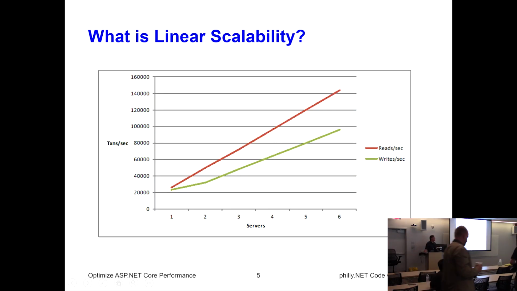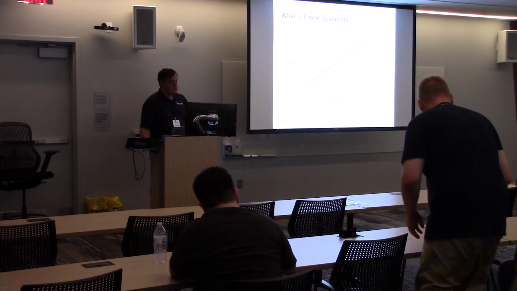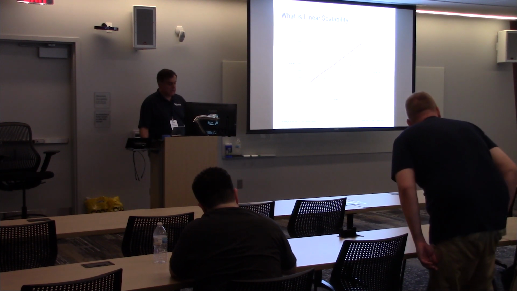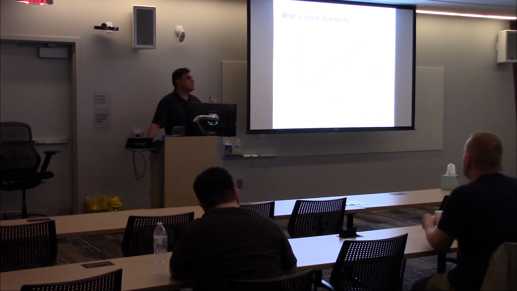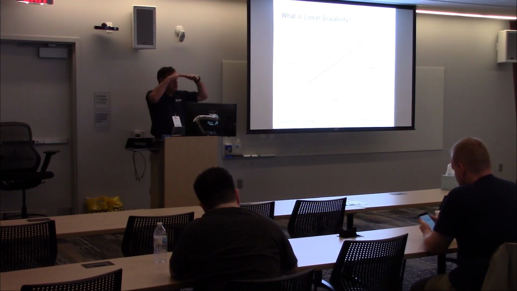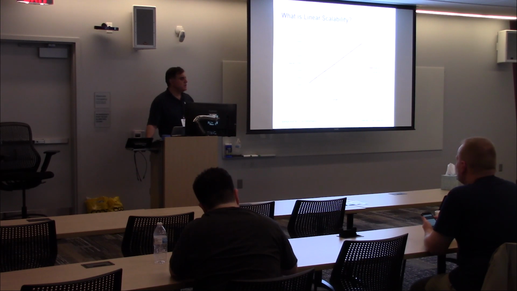Linear scalability means that you are able to add more servers in production, and as you add more servers, you can, in a linear fashion, add the transaction capacity. Let's say you start with a 2-server load balanced web farm. After a certain number of users, those 2 servers are going to max out, and your performance is going to start to slow down.